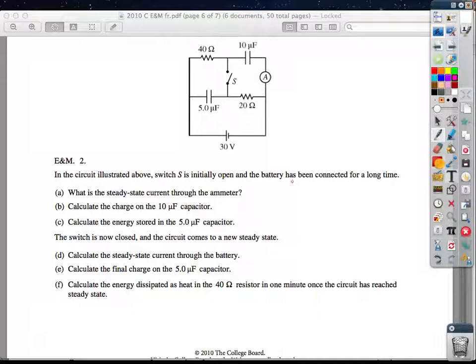So this is 30 volts. Use C equals Q over V, so Q is CV. We have to convert microfarads to farads: 10 times 10 to the minus 6 farads. Multiply that by 30 volts, and you get 3 times 10 to the minus 4 coulombs or so.